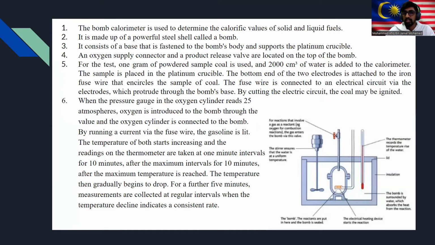A bomb is actually a powerful steel shell needed to contain the oxygen. This oxygen will combust the sample contained inside the bomb. In our test, we'll be using coal, and 2,000 centimeter cube of water will be added later on.